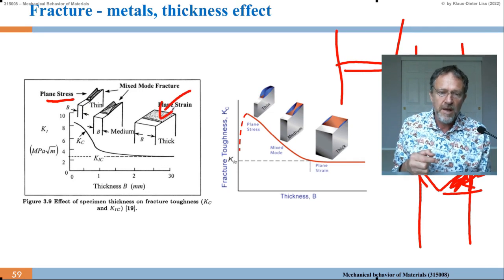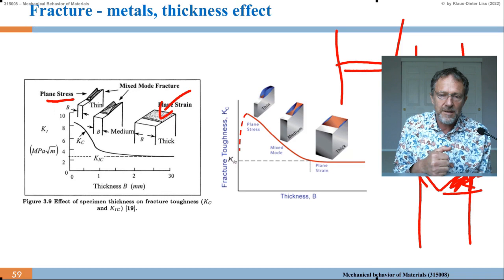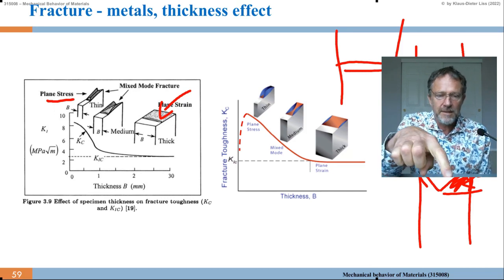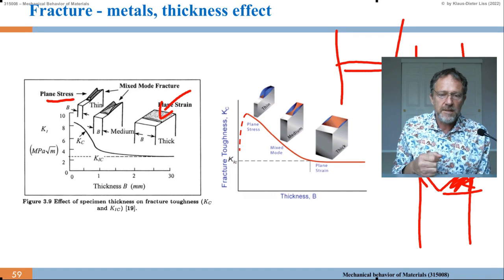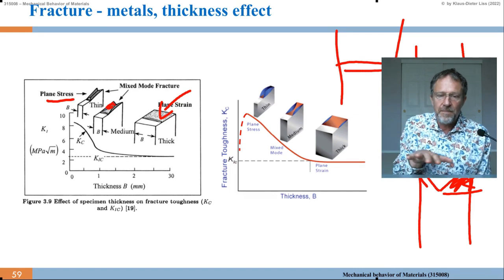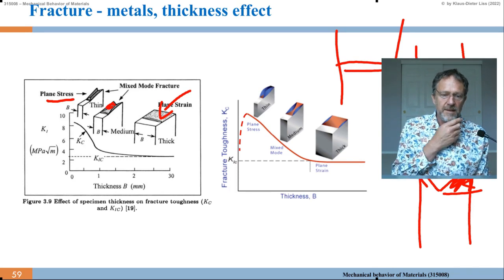So for plane stress, they're inclined. For plane strain, they're horizontal, parallel to the crack propagation vector. And the mixed mode is where we have in the center some flat area and these lips at the border where we go to the plane stress situation.